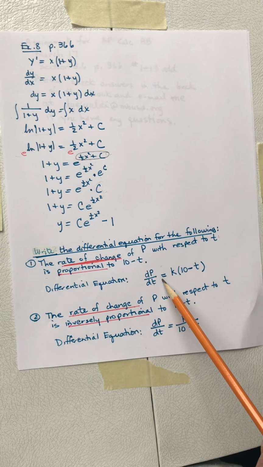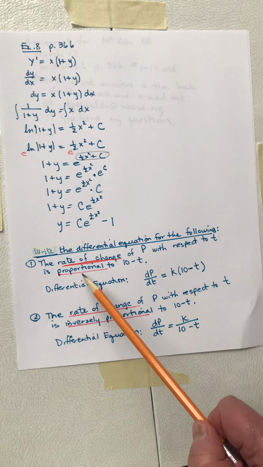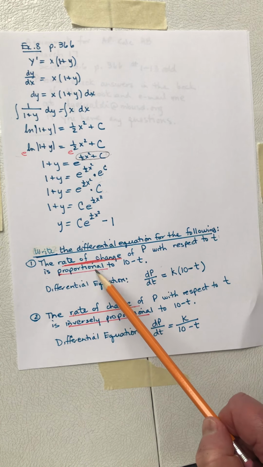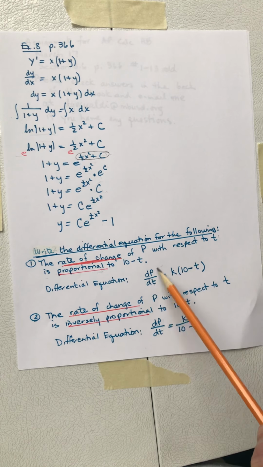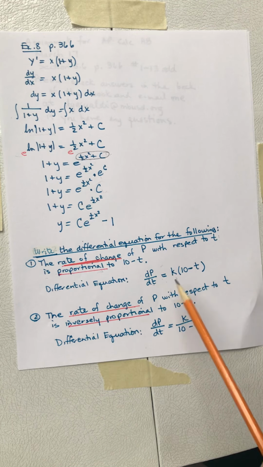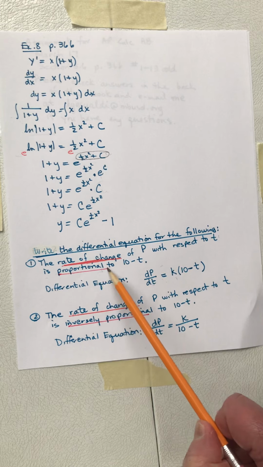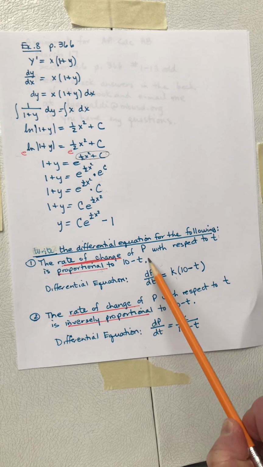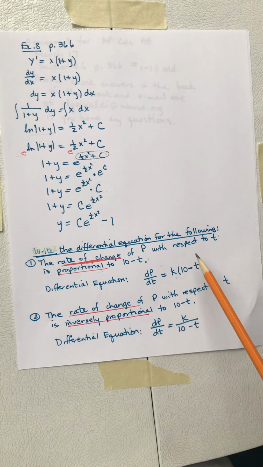Is our equal sign proportional. If it doesn't say directly or inversely, it just says proportional, we are assuming that it's directly proportional. So dp/dt is equal to k, remember that from directly proportional, times what? It's directly proportional to 10 minus t, times the quantity 10 minus t.